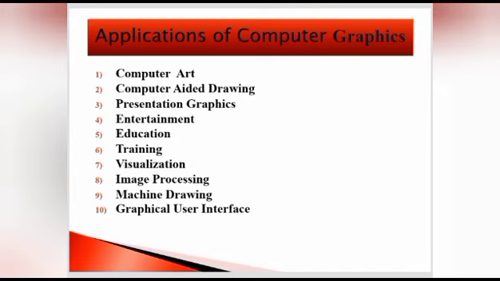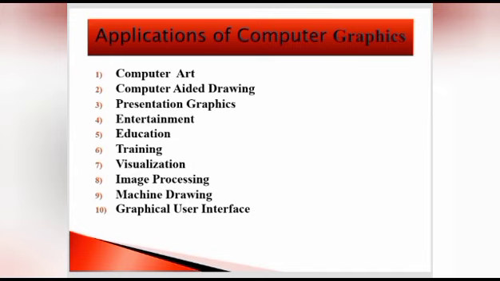Number 8, image processing. Various kinds of photographs or images require editing in order to be used in different places. Number 9, machine drawing. Computer graphics is very frequently used for designing, modifying and creating various parts of machines.